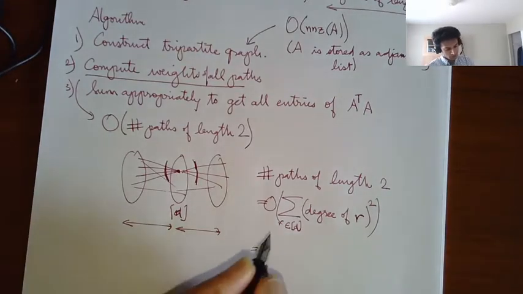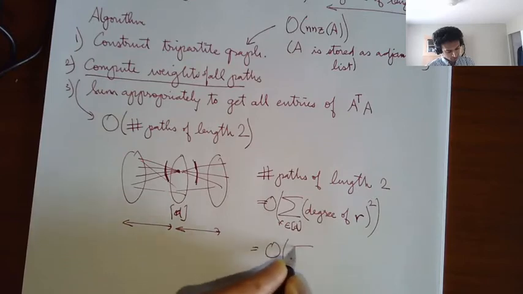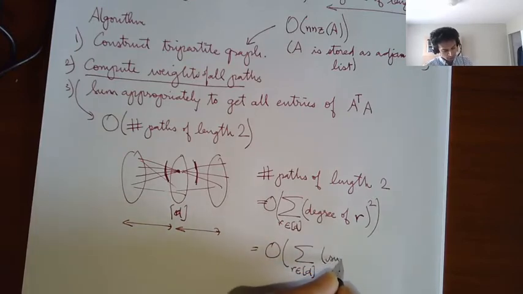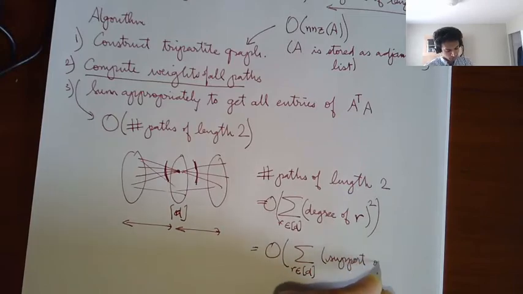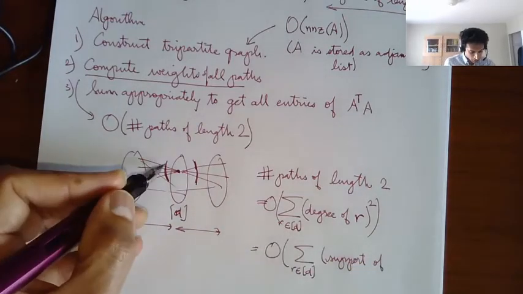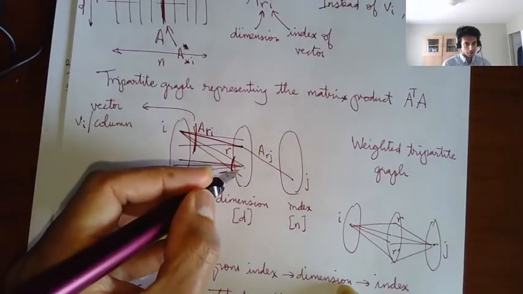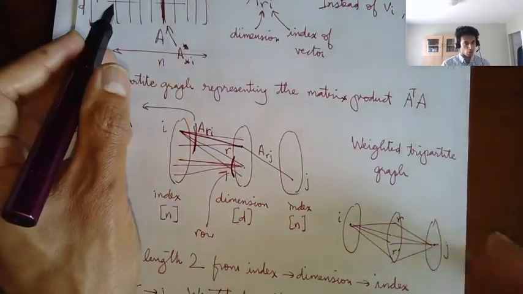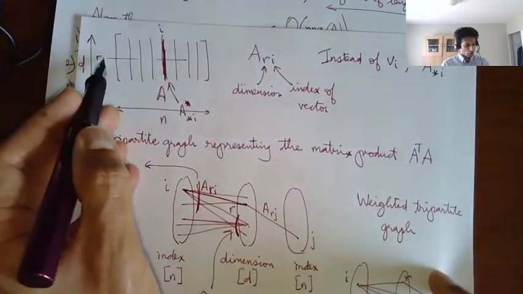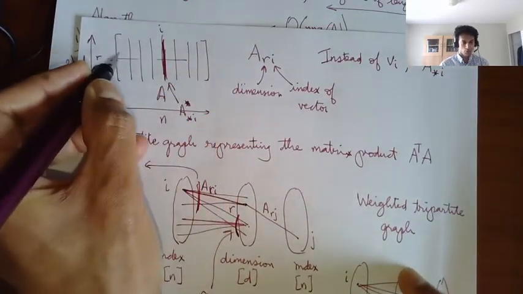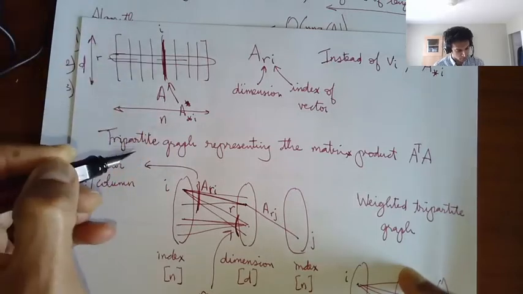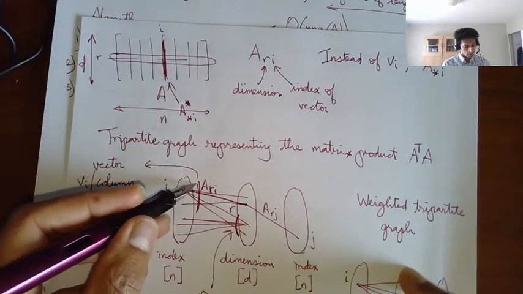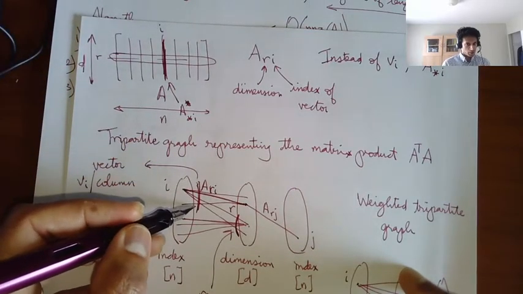And this is O of the support of, okay, so now let's remember what I said: this represents a row vector, not a column vector. This represents a column vector.